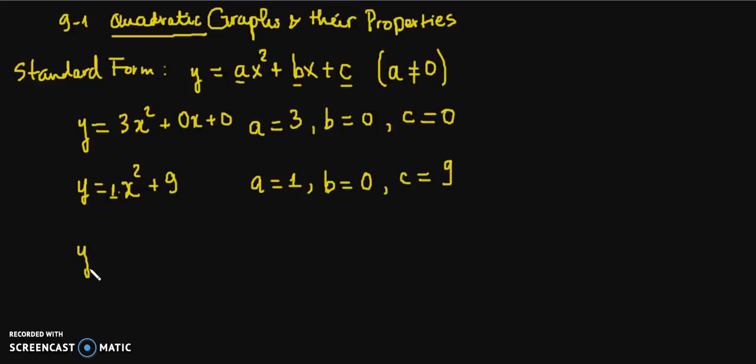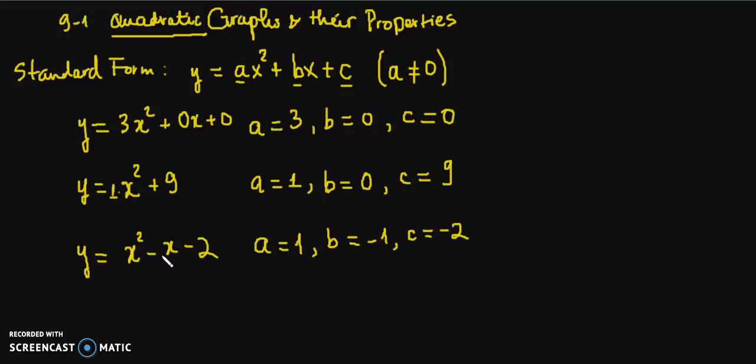Let's try another example. y equal to x squared minus x minus 2. So here a is 1, b is the number in front of x, which is -1, and c is -2. Sorry.